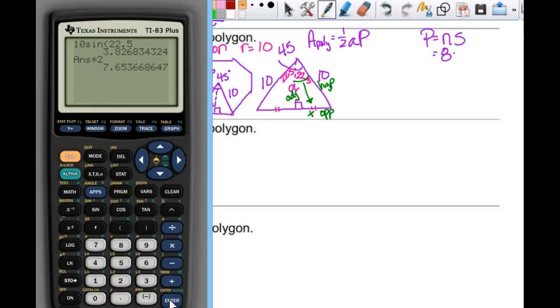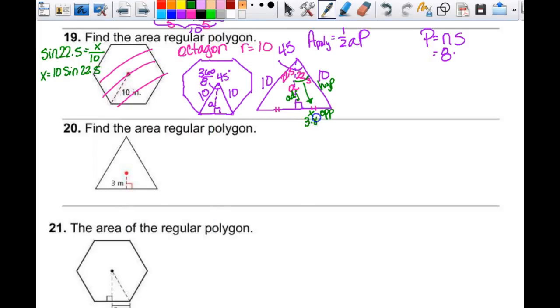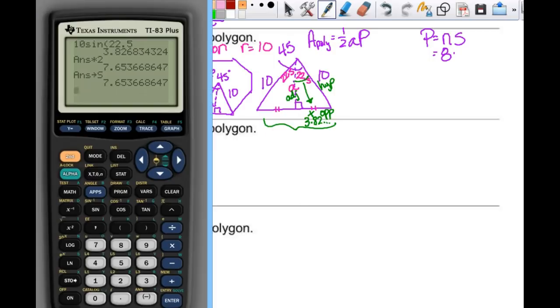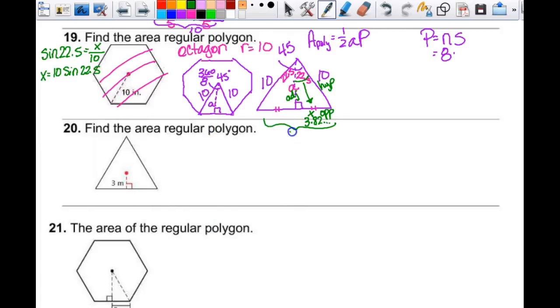And since that represents my side length, I'm going to store it in alpha s. That's really hard to see on this board. I'm going to store it in s since that's what I'm calling it. So your x was like 3.82 something, but the whole thing, which is s, is like 7 point something. But it's stored, so it's fine.